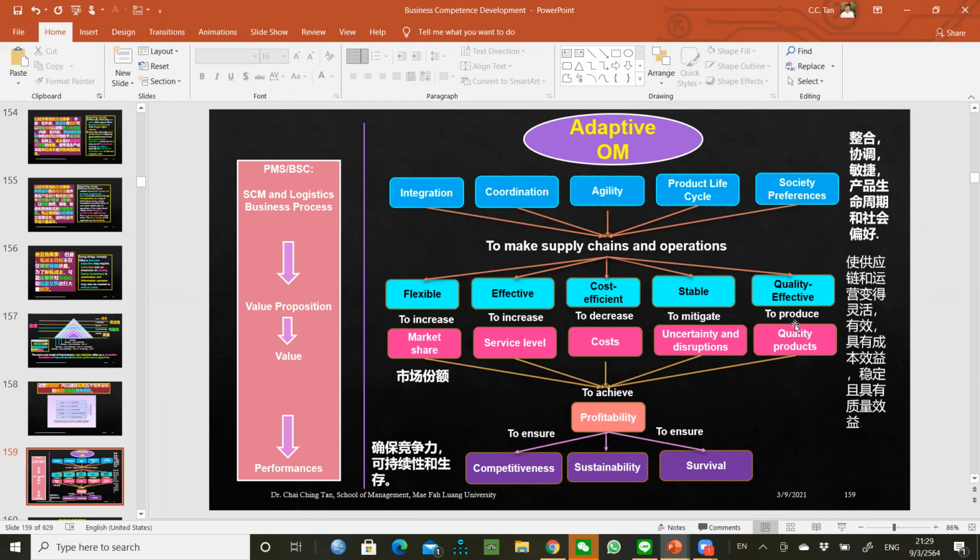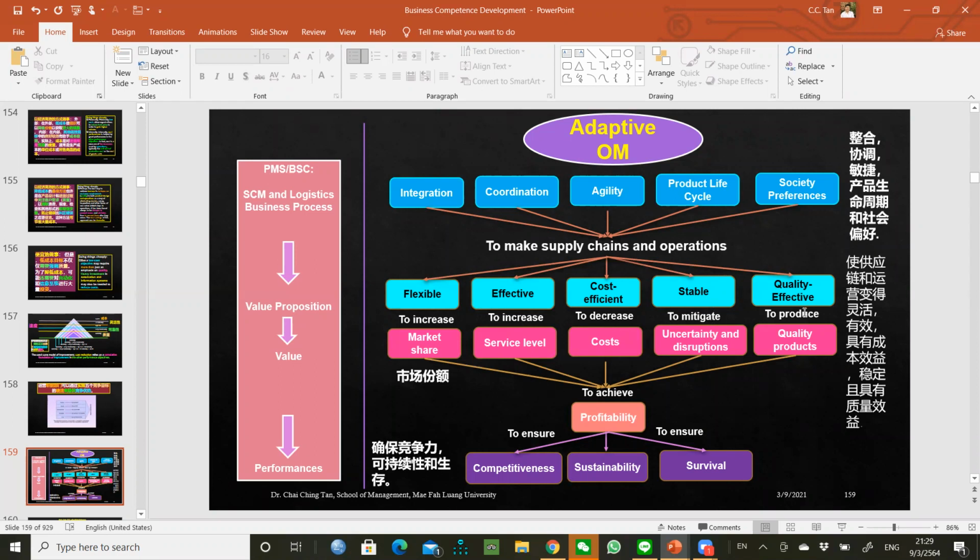This again is just a different manifestation of the operations objectives in the supply chains and operations, and that would increase your market share, right, and increase your service level when you're effective, and decrease your cost, and when you're stable in operation, you mitigate all the uncertainties and disruptions.